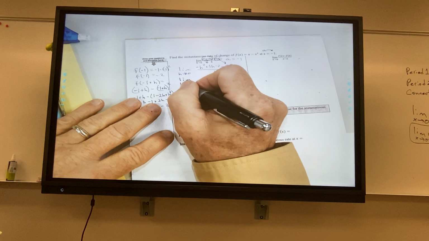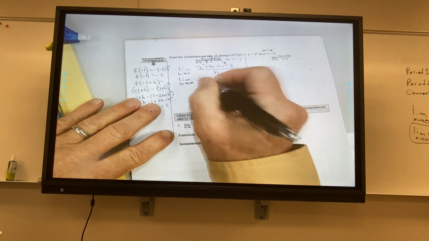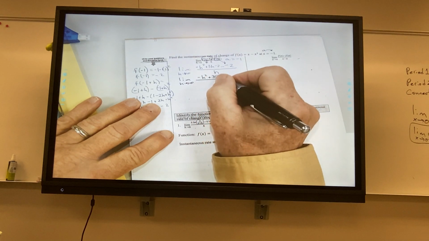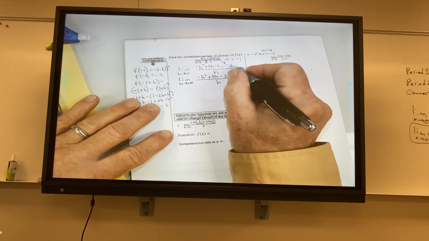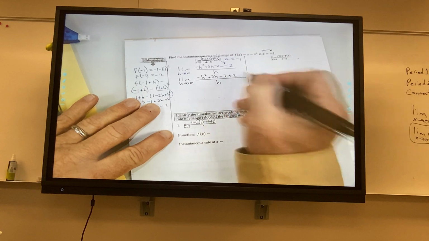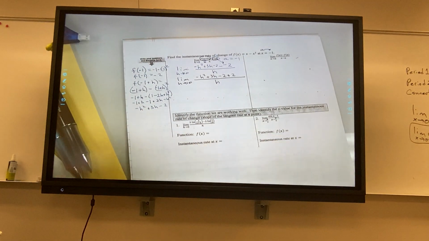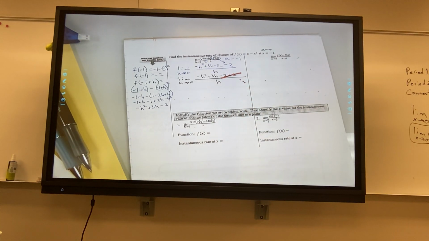Limit as h goes to 0, h is here on the bottom, of negative h squared plus 3h minus 2. What's negative 2 minus negative 2? Well, I think that's plus 2, isn't it? Mm-hmm. Bam, gone. Okay?